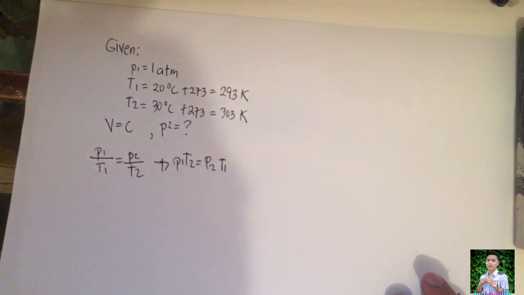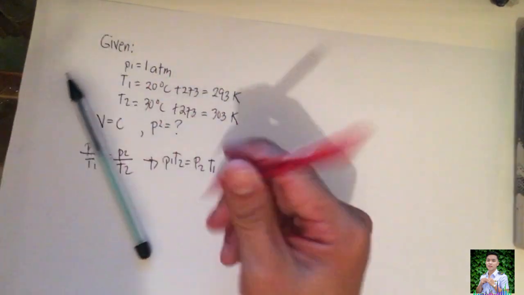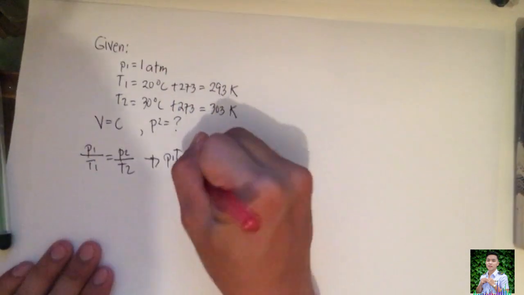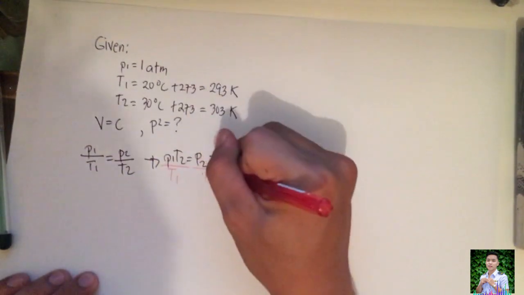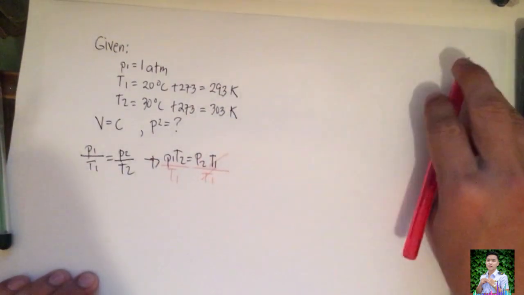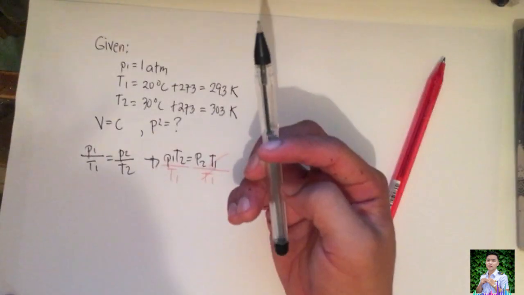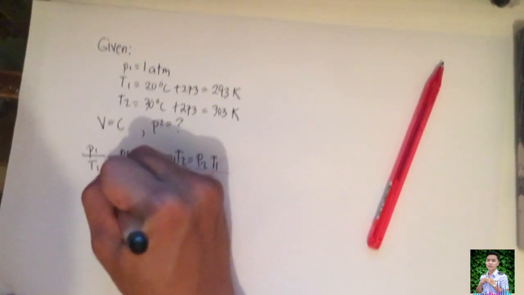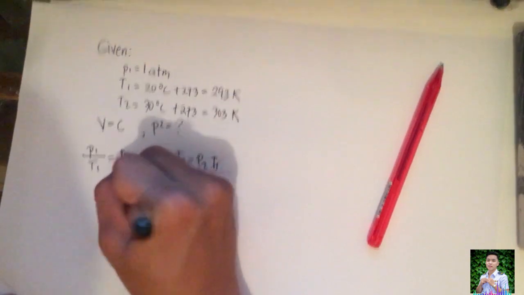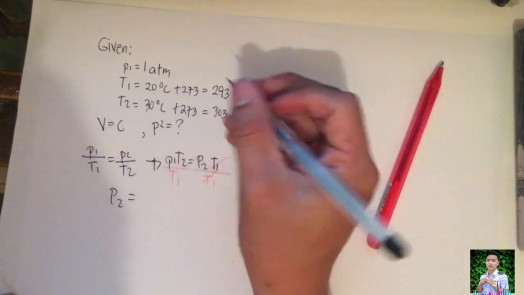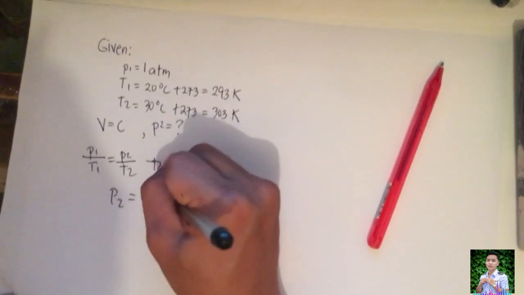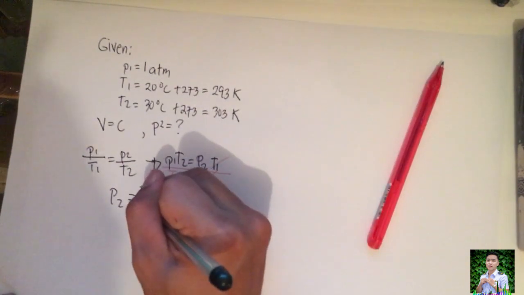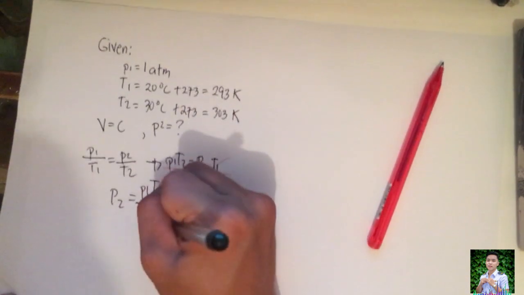And by moving T1 to the other side of the equation, we have P2 is equal to P1 T2 over T1.